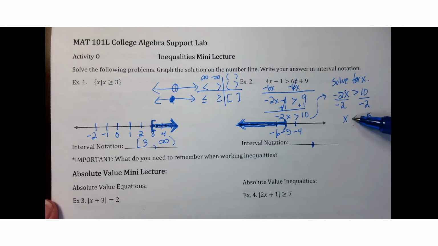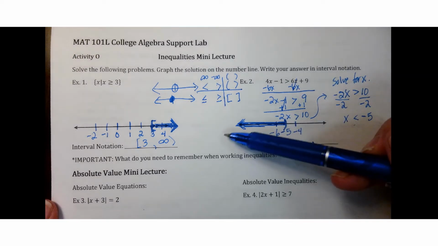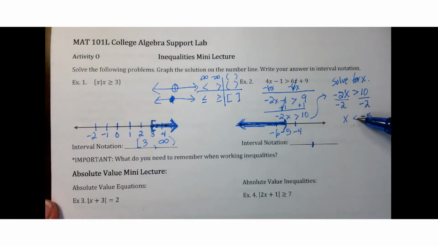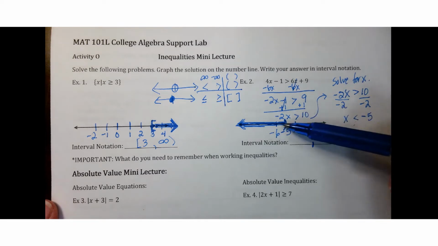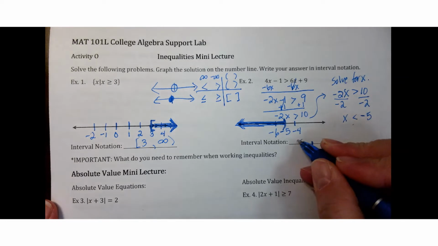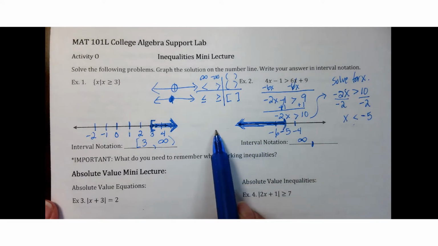This direction is left. Well, which direction do we shade? We shaded to the left. That direction is always going to be where the infinity sign is. So if this points left, you shade to the left, and infinity is on the left. So here we have infinity. And this makes sense because how far left does this go? Well, it keeps on going.